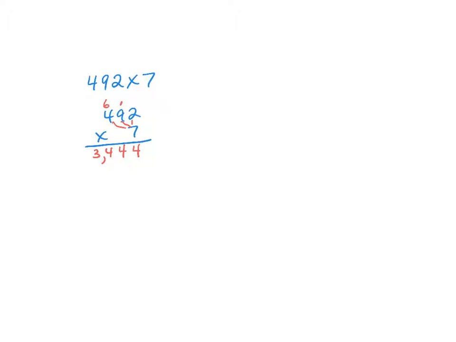I want to talk with you about another way of doing that problem. 492 times 7. The other thing you can do is, rather than regrouping, you can just do the straight multiplication. 2 times 7 gives me 14. I'm just going to write down 14. The 9 times 7, I'm thinking about that 9 as 90. So 90 times 7, 9 times 7 is 63, and I'm going to add the 0, so I get 630.